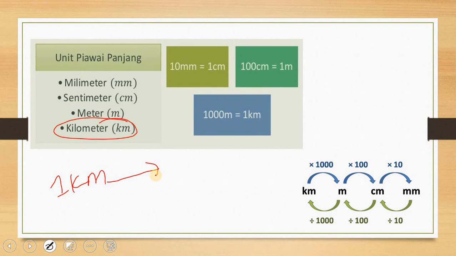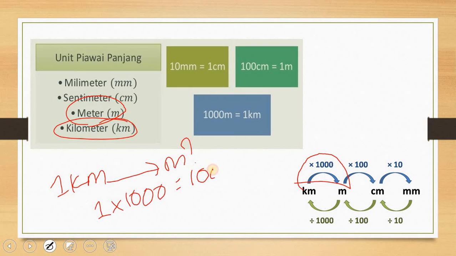But I don't want to use kilometer. I want to use meter, for example. So how do I get this? Okay. So for you to get meter, you only have to multiply by 1000. Kamu cuma perlu darab 1000 sahaja. So kalau dia minta 1 kilometer, so 1 darab 1000, berapa 1 darab 1000? So dapatlah 1000 meter. Macam tu.